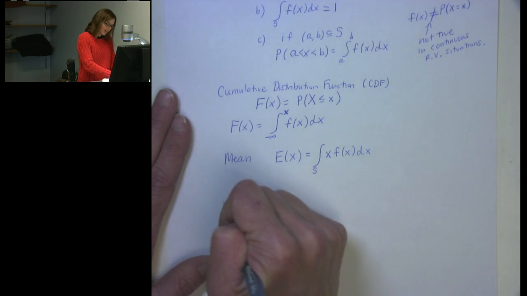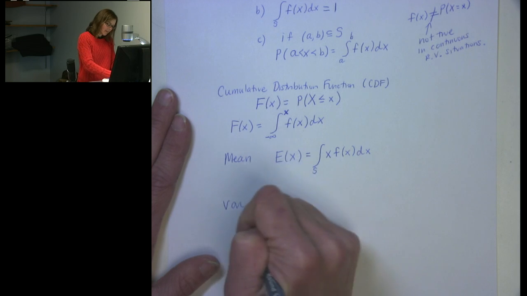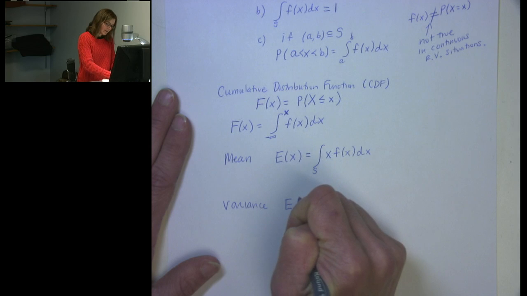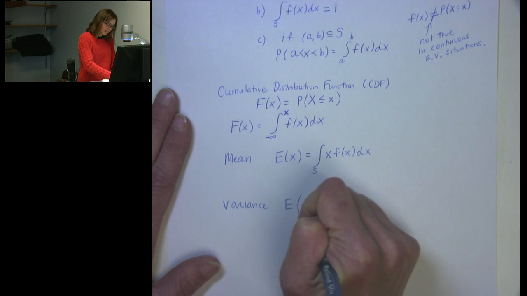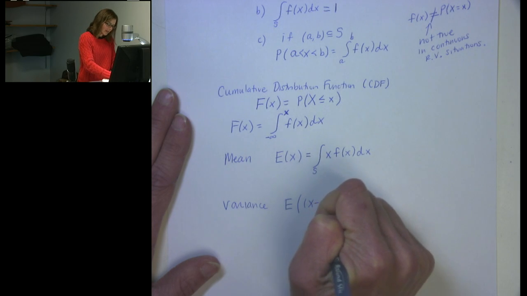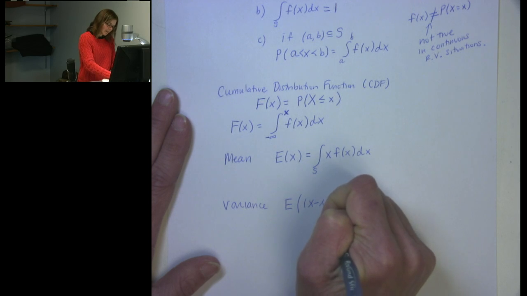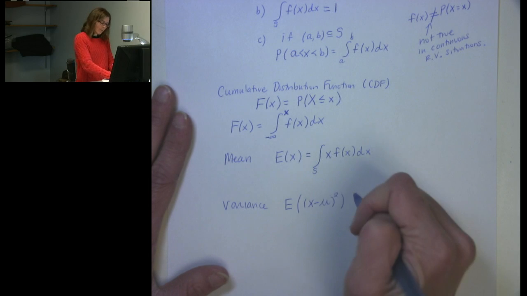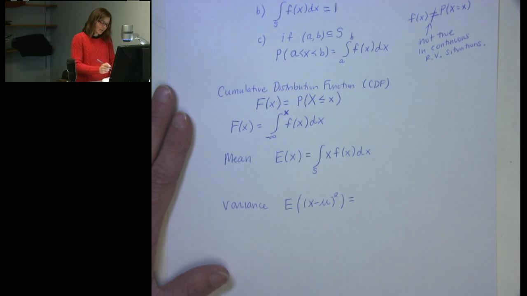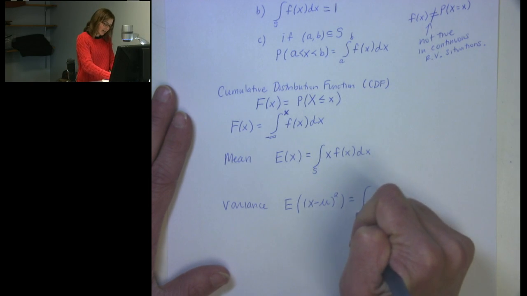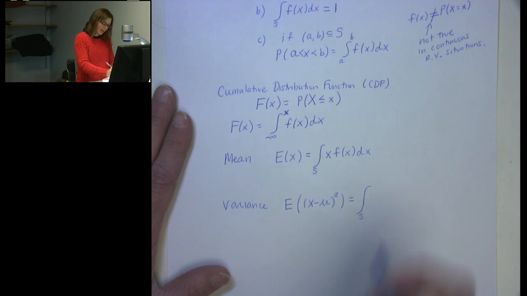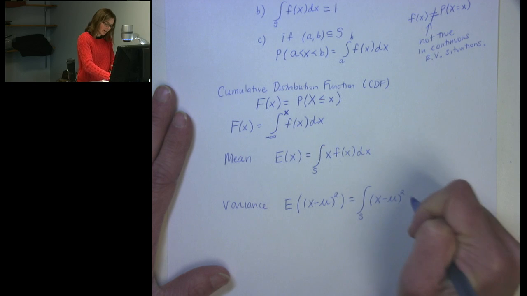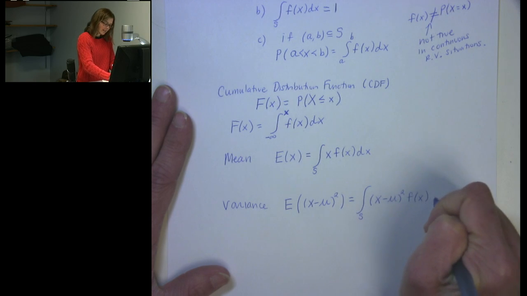The variance of x still has the same definition, that it's the expected value of x minus the mean, squared. When we write this, we can think of integrating again over the support of x, x minus the mean squared times f of x with respect to x.